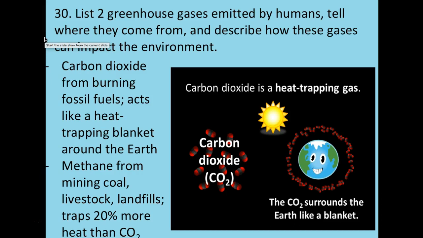We breathe out carbon dioxide, but we are emitting it at such a rate that the environment can't recover from that because we're putting way too much carbon dioxide into the air from the burning of fossil fuels. So carbon dioxide acts like a heat trapping blanket. That's the best analogy that I can give you. It acts like a blanket around the earth. So if you wrap a blanket around you, you'll warm up. So carbon dioxide acts like a blanket around the earth, warms up the earth.